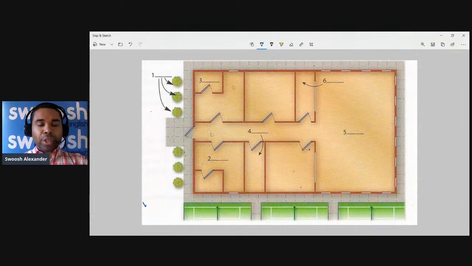Either side of you are the changing rooms, and it said that there were the women's changing rooms on the right. So as you enter, your right is here, so this will be the women's changing room. So just for short, I'll put WCRs, women's changing rooms. And on the left, we have the men's changing rooms. So I'll put MCRs here for men's changing rooms.